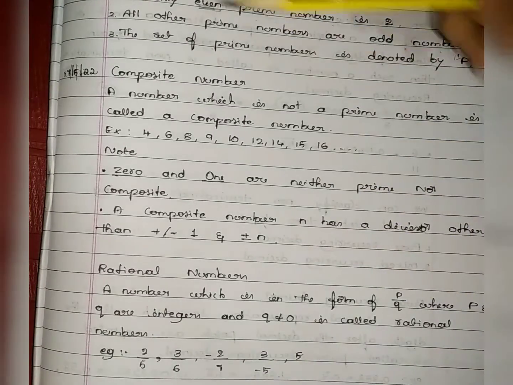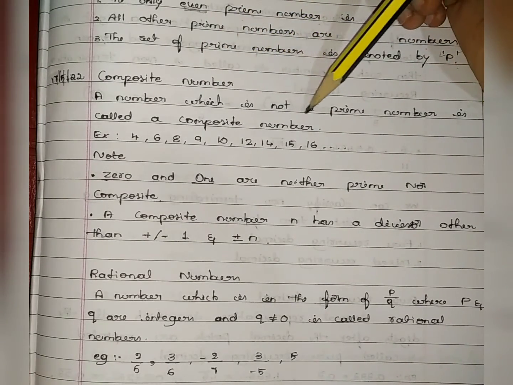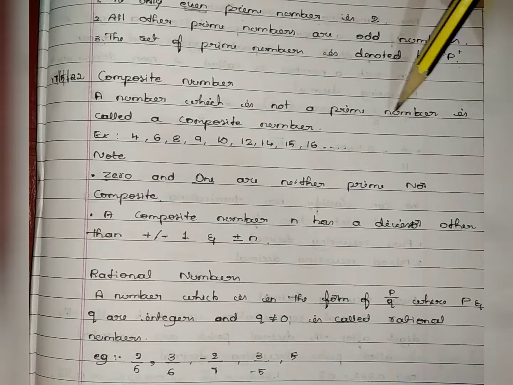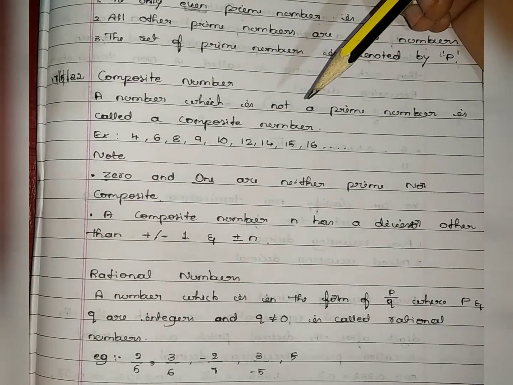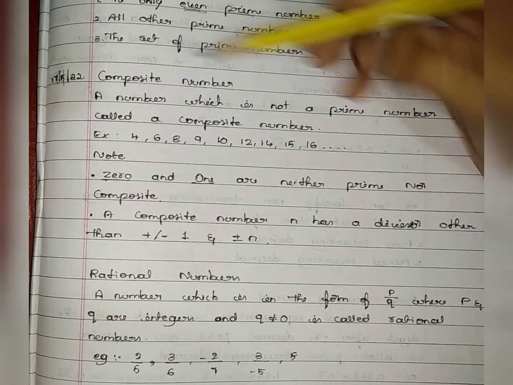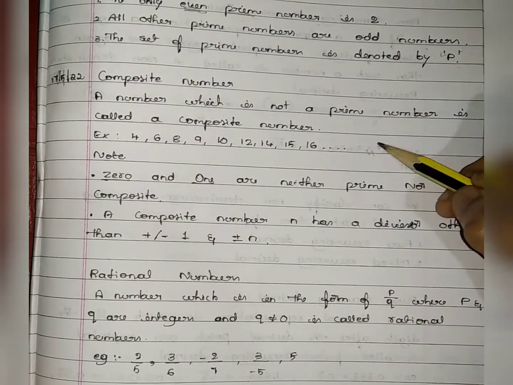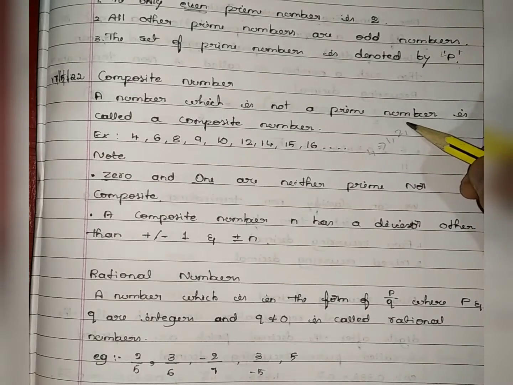Next concept, composite number. A number which is not a prime number is called a composite number. This is easy. For example, 4 has so many divisors like 1, 2, then 4 itself.